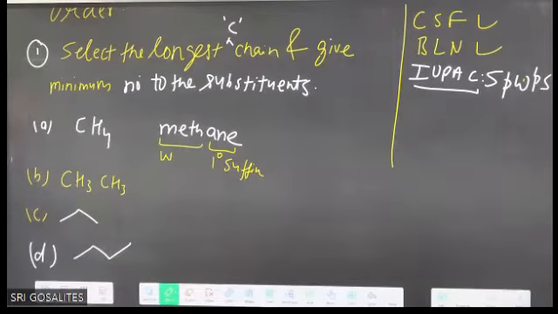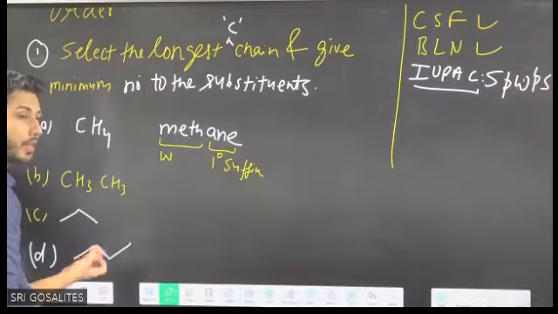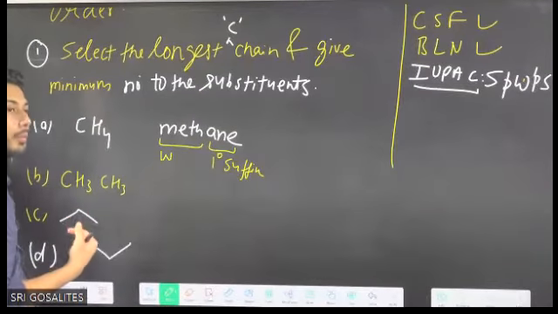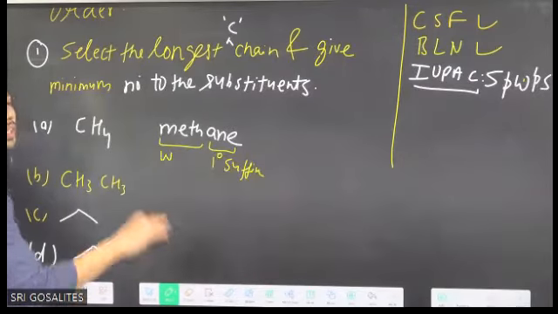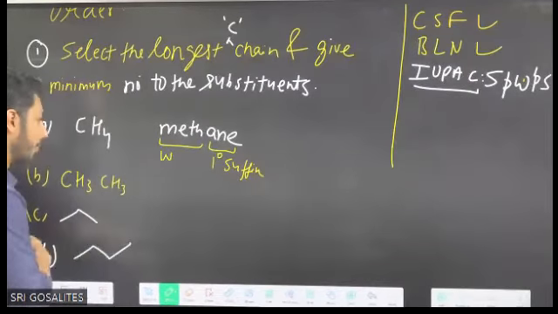Saturation, unsaturation, last lecture we have discussed. If this is having all single bonds, it is considered to be a saturated compound. Okay? Alkanes. If it is carbon-carbon double bond, alkenes, or carbon-carbon triple bond, alkynes, they are considered to be what? They are considered to be unsaturated compounds.